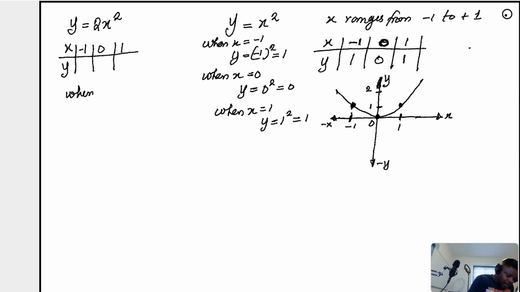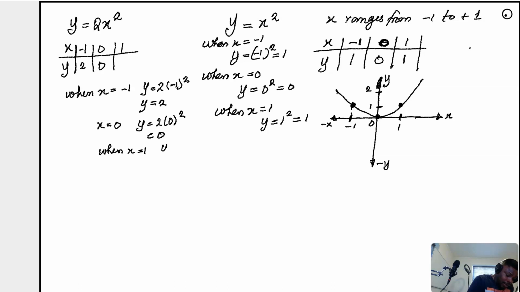When x is equal to minus 1, y will be 2 bracket minus 1 squared, so y is equal to 2. When x is equal to 0, y is equal to 2 bracket 0 squared, so y is equal to 0.